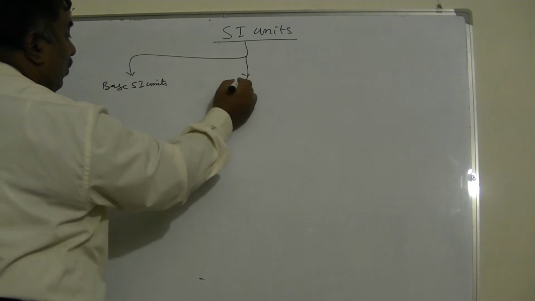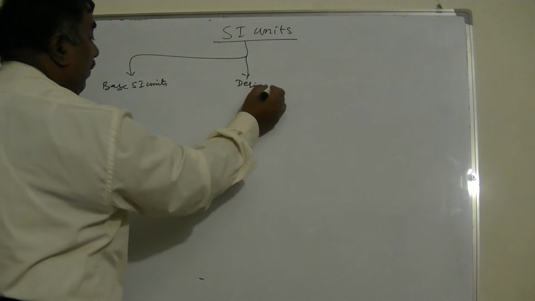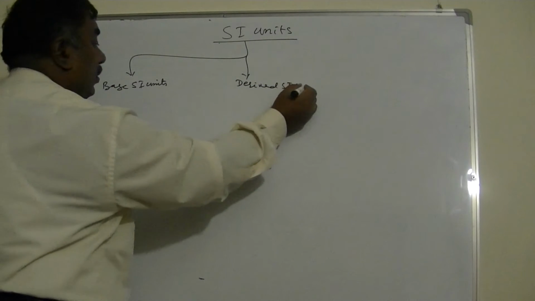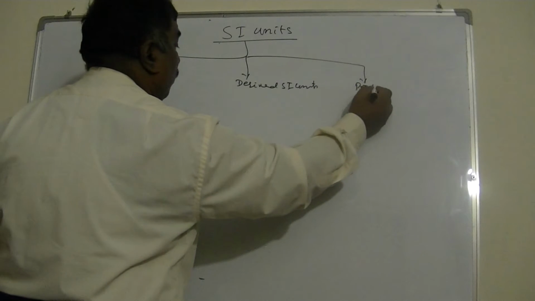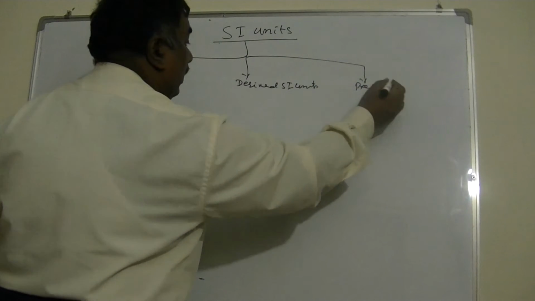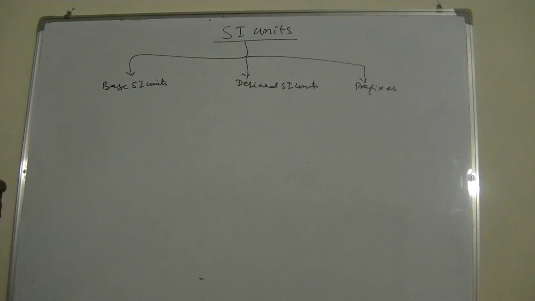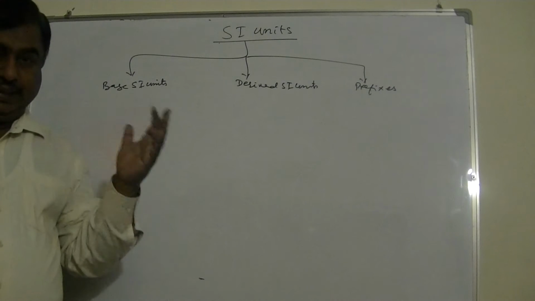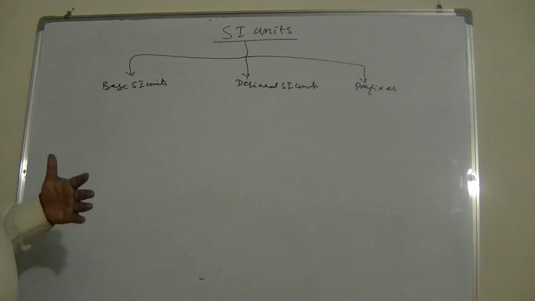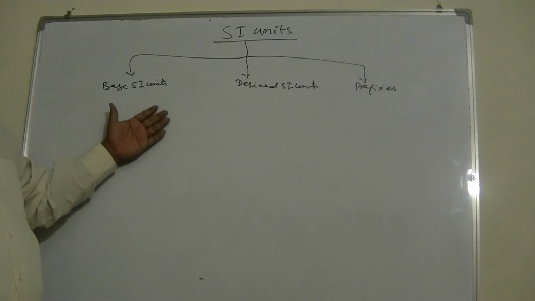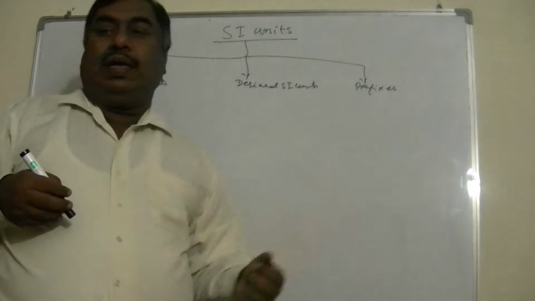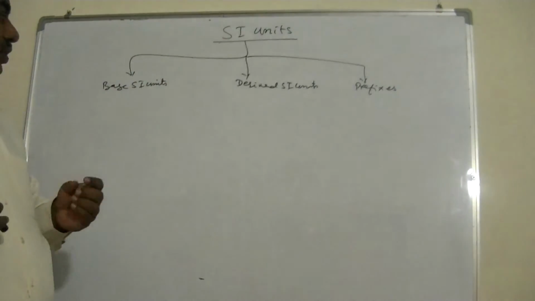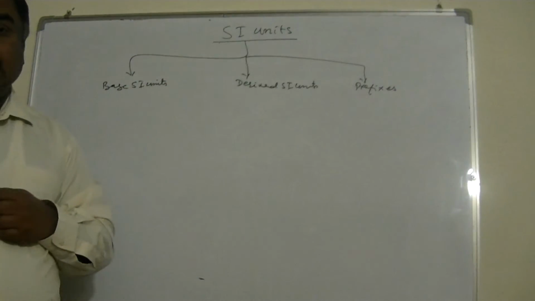Other ones are known as derived SI units, and the third part and parcel of SI units are the prefixes. So SI units consist of mainly three things: base SI units, derived SI units, and prefixes.